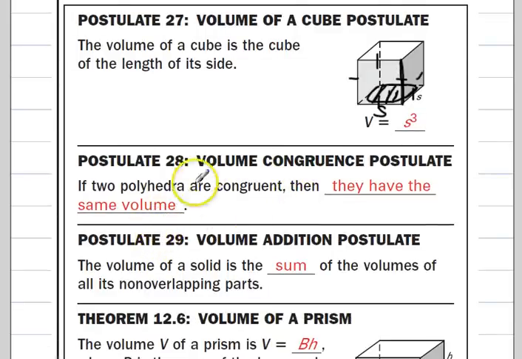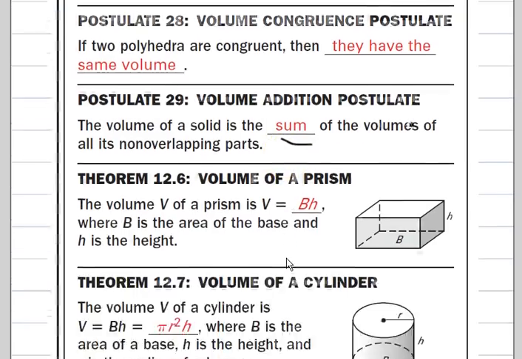If all the faces are congruent and all the dimensions are the same, then the polyhedra also have the same volume. And if I want to find the volume of a figure that I don't have a formula for, I can find the volume of the non-overlapping parts and add them all together, and the sum of the volumes of the non-overlapping parts is the volume.